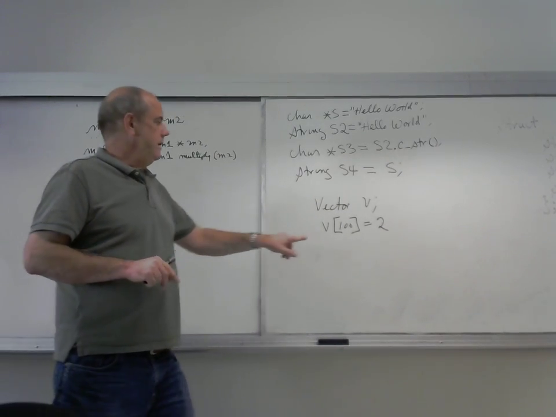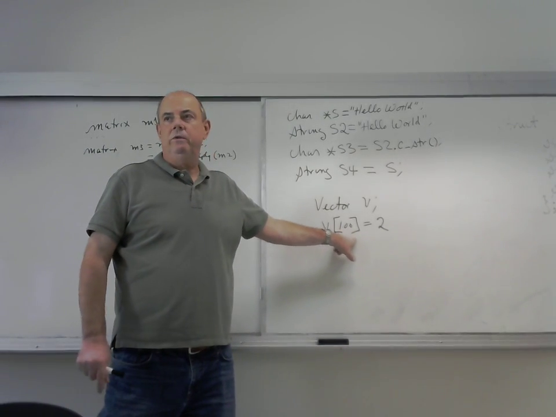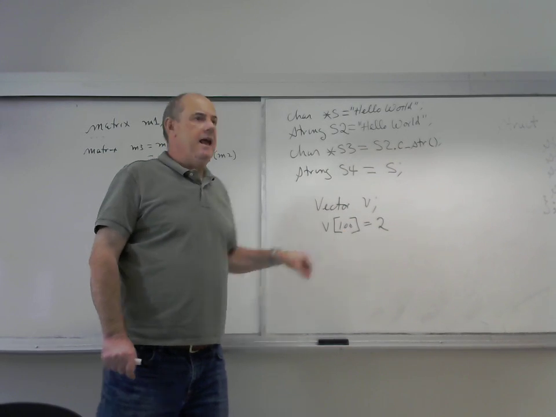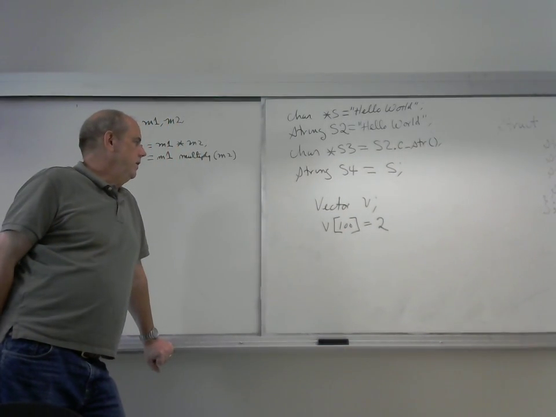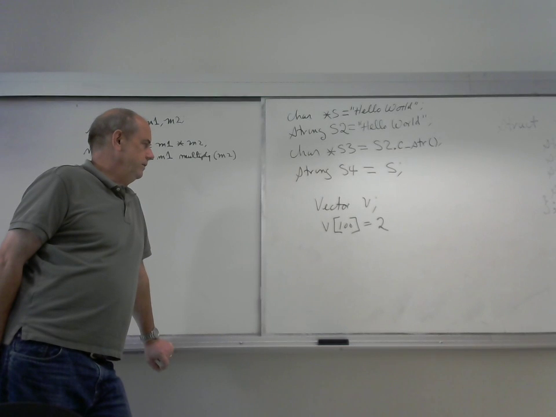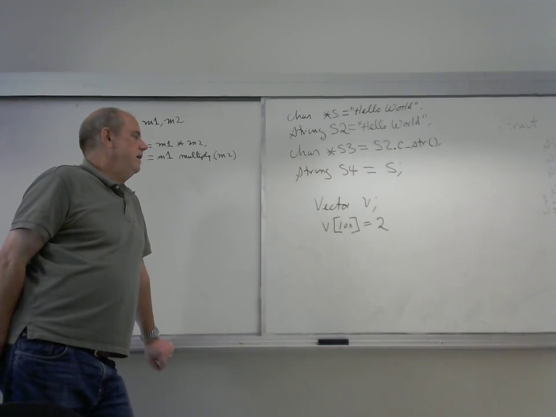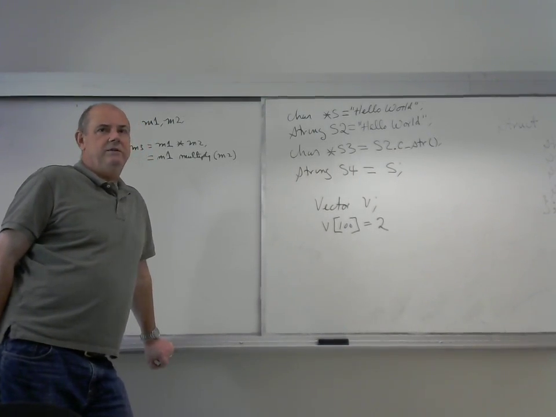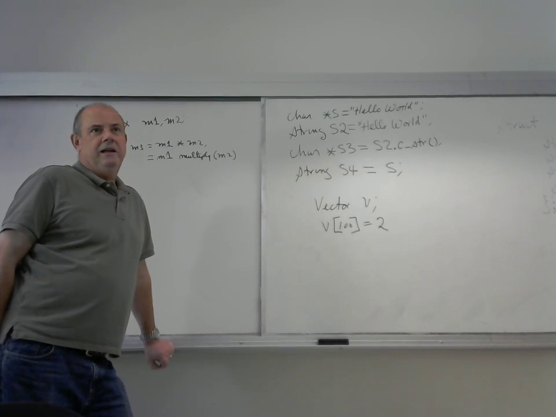It's the square brackets that cause the problem. This is an overloaded operator. And the coding for the overloaded operator for the square brackets does not test to see whether or not the container is big enough. It doesn't check.